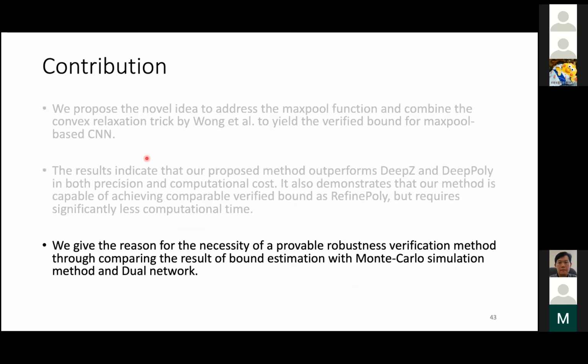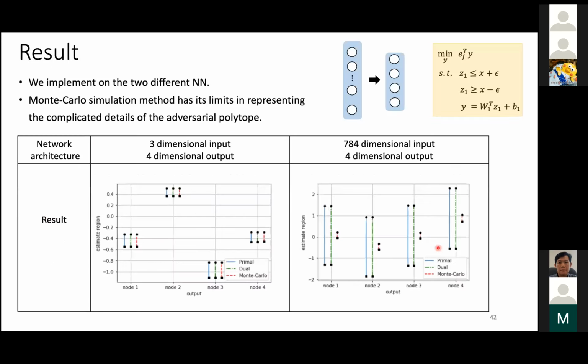So we also verify our second contribution. That is, we give you a reason for the necessity of a provable robustness verification. Because in this experiment, we show that in the larger input dimension, the Monte Carlo simulation will fail because it cannot simulate these so complicated details here.